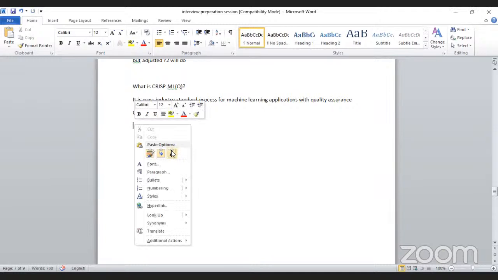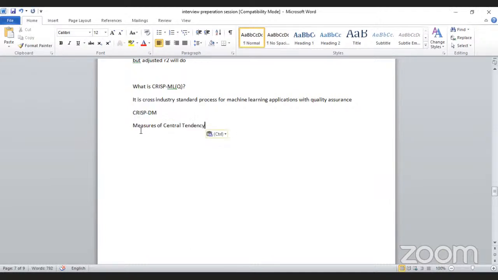So what are three different measures of central tendency?